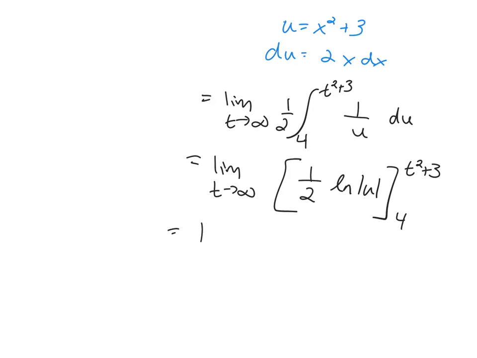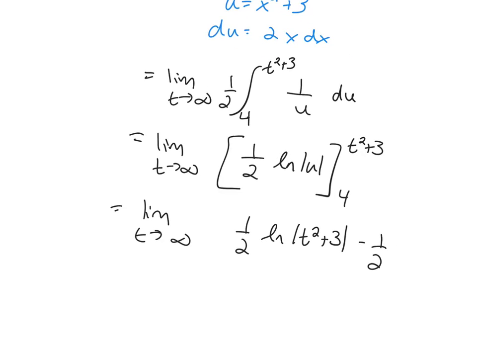All right, so let's plug in our two bounds. 1/2 ln t squared plus 3 minus 1/2 ln of 4.